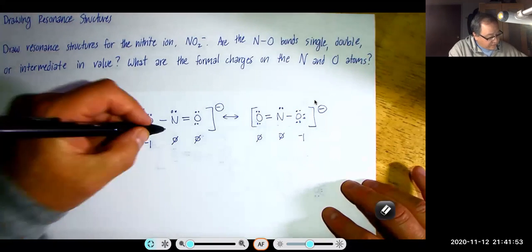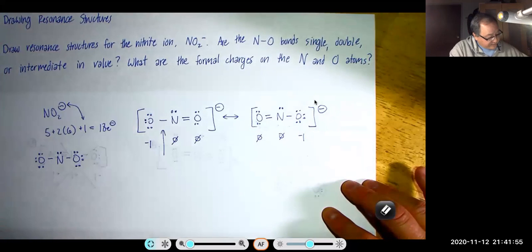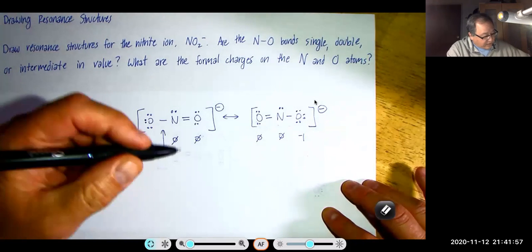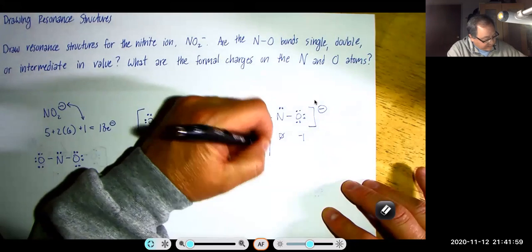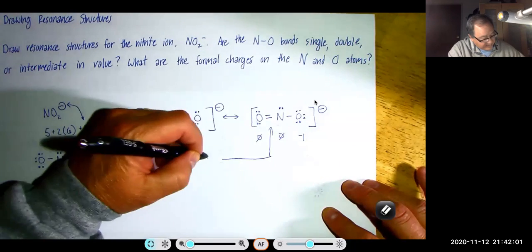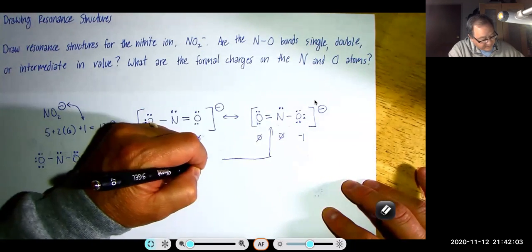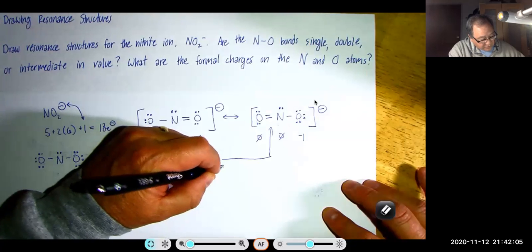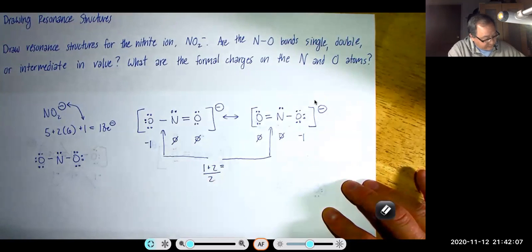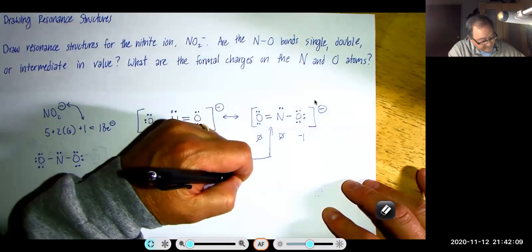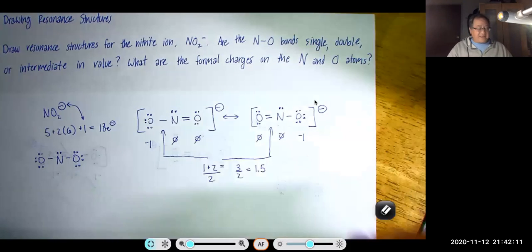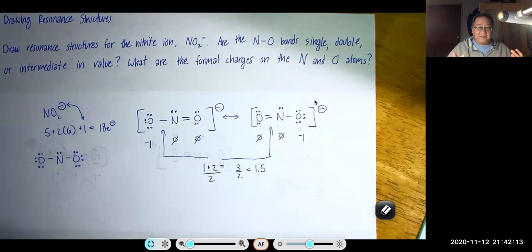So we really like those. Now, here, what is the bond? It's an actual average between a single bond and a double bond over 2 molecules. So it turns out that each bond is like a bond and a half. So what does that mean?